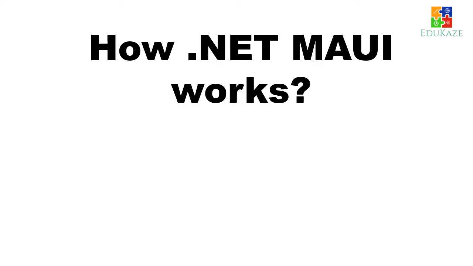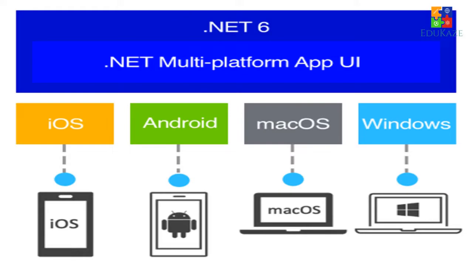How .NET MAUI works. .NET MAUI unifies Android, iOS, macOS, and Windows APIs into a single API that allows a write-once-run-anywhere developer experience, while additionally providing deep access to every aspect of each native platform.